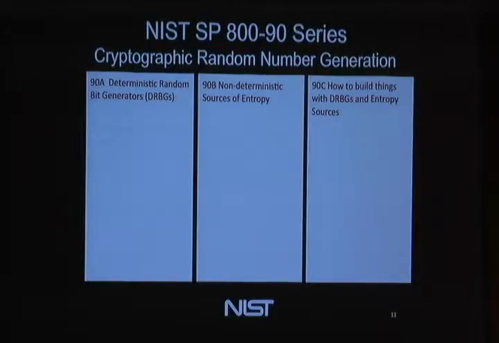Okay. So now let me talk a little bit about the NIST 800-90 series. It's about cryptographic random number generation, and this is the document. This document has 3 parts: 90A, 90B, and 90C. 90A is related to deterministic random number generators, which are basically pseudorandom number generators.